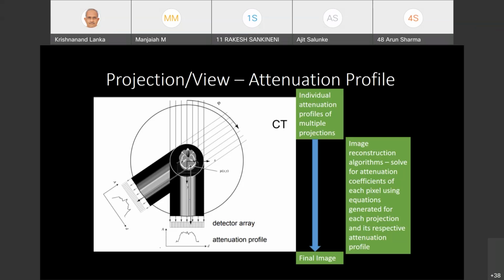You use an image reconstruction algorithm to solve for the attenuation coefficients of each pixel, using the equation generated for each projection and its respective attenuation profile. That is how you generate the final image.